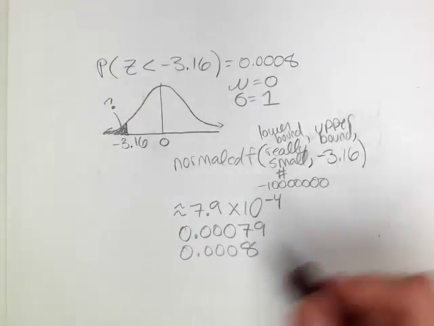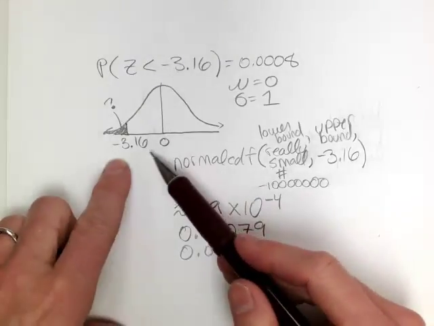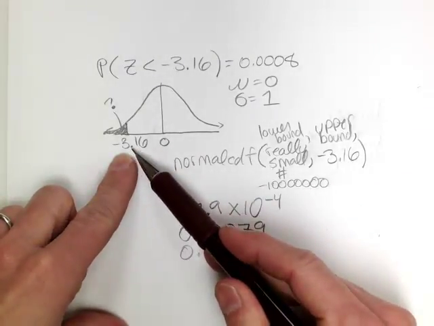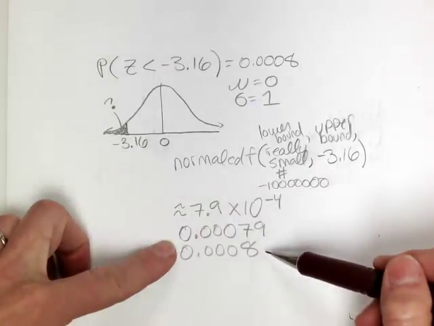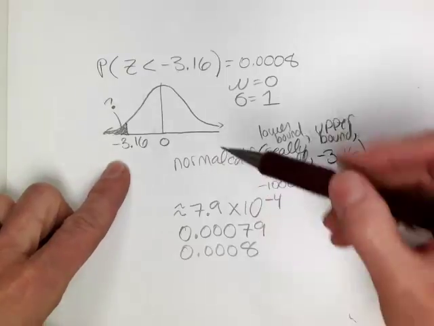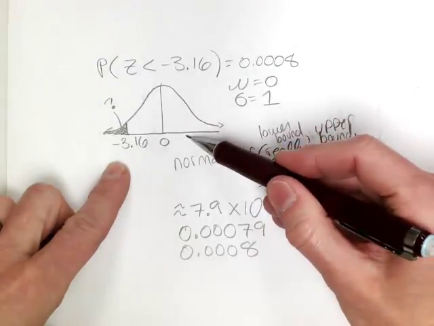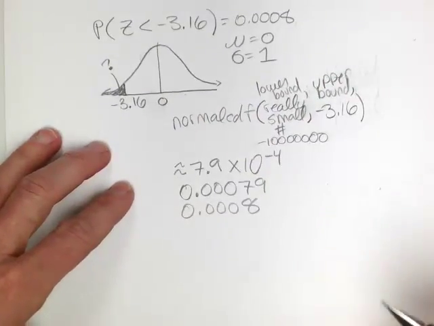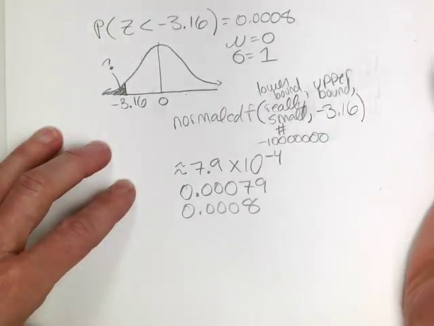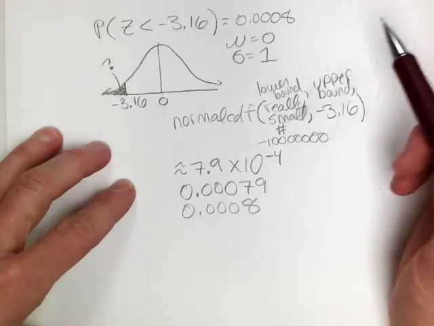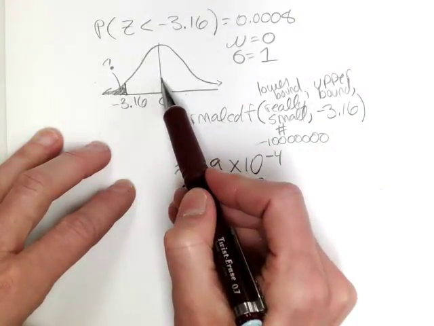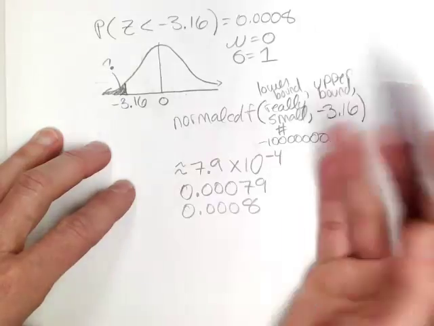Okay, now one thing to keep in mind is because this particular z-score is below the mean, I expect this area to be less than a half. Okay, if, for example, the z-score was above the mean, then I would expect my area or probability to be greater than a half because the area from negative infinity up to the mean is 0.5 or 50%.